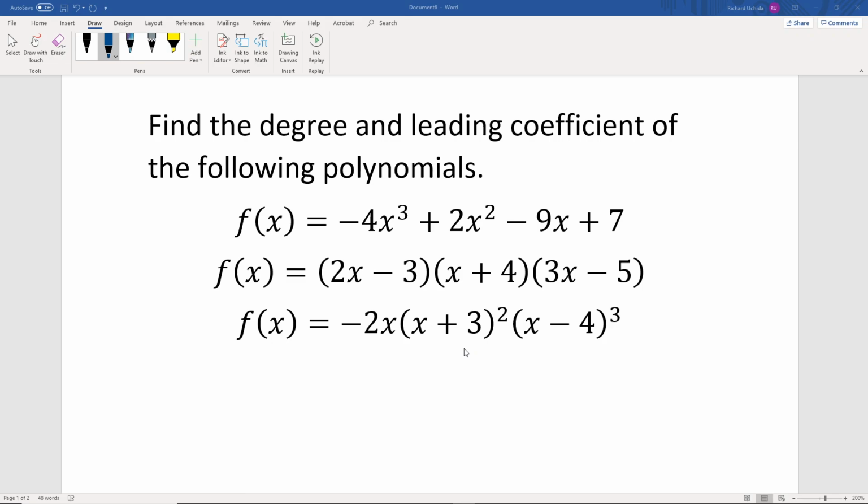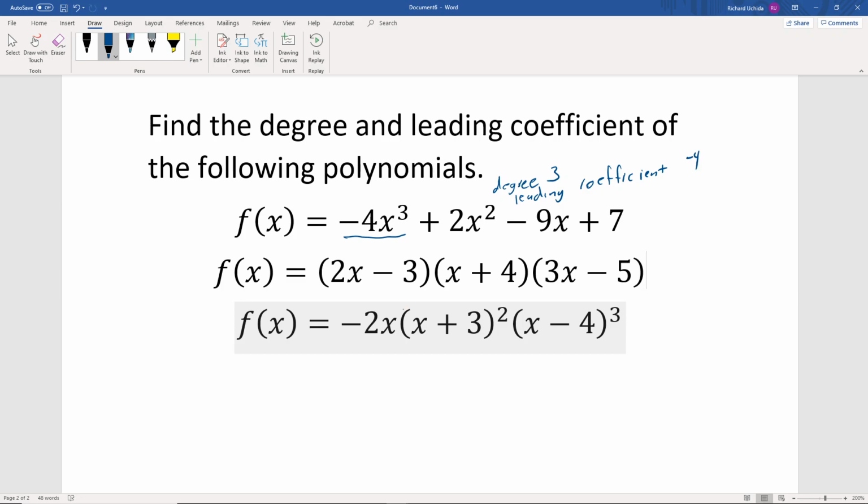It's all written in descending order as well, so the degree of the polynomial for the first one would be 3, because that's the highest degree of any of the terms in the polynomial function. And for the term negative 4x cubed, the coefficient is negative 4. So that's the leading coefficient. It's negative 4 for that one.